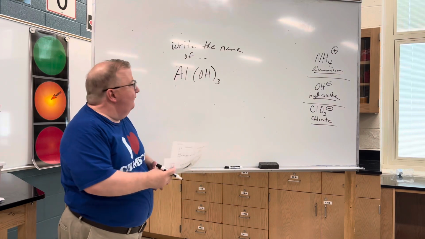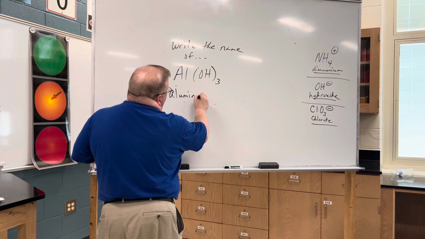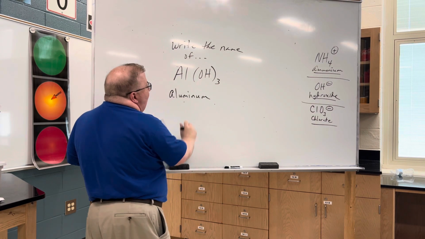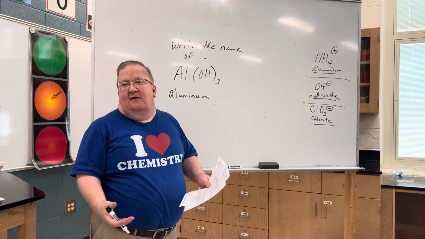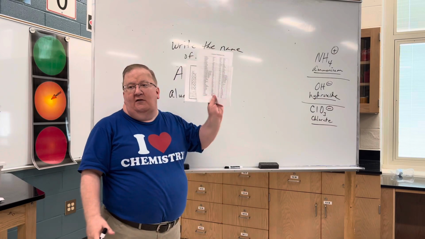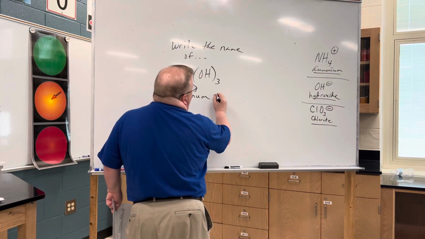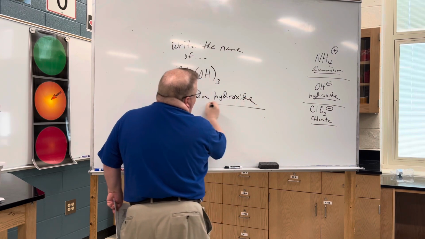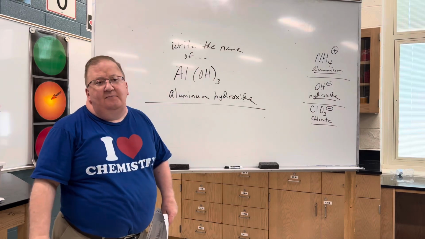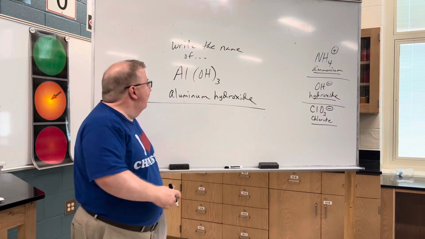Al is aluminum. So you just say the name, aluminum. And then OH is a polyatomic ion. It's many elements acting collectively, right? So it's not on the periodic table, it's one of your polyatomic ions. So OH is called hydroxide. And that's all you do. You just say the name. Aluminum hydroxide.